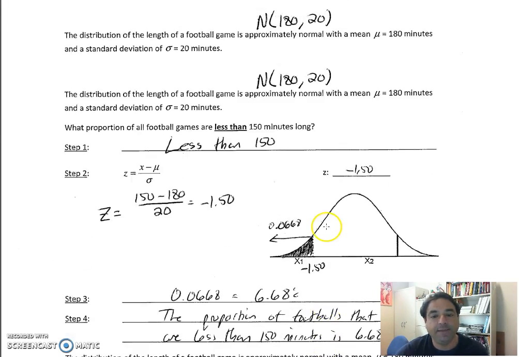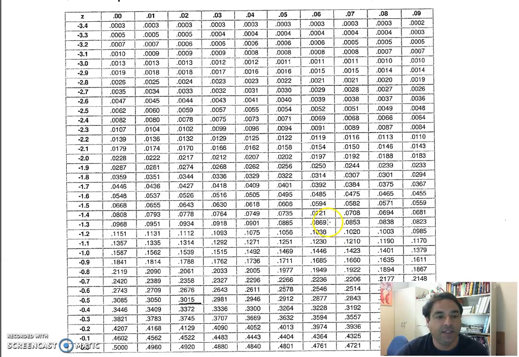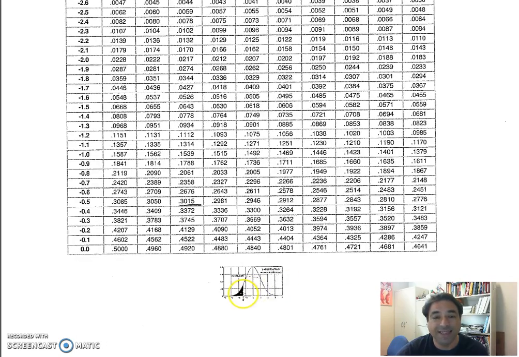So I go to my z table, I look up negative 0.7, match it up with the 5, and that gives us 0.2266. But remember, the table always tells us less than.